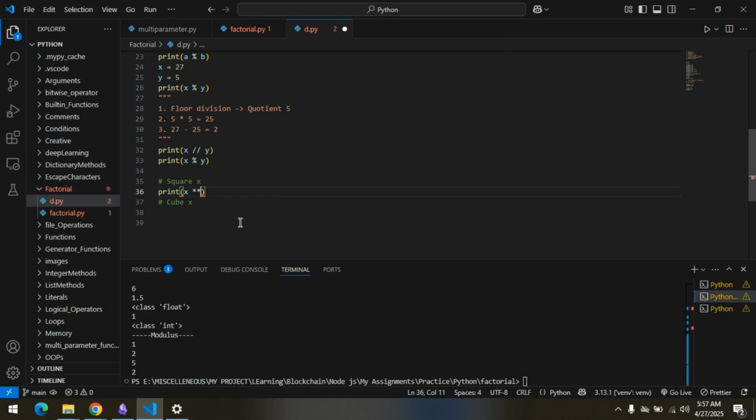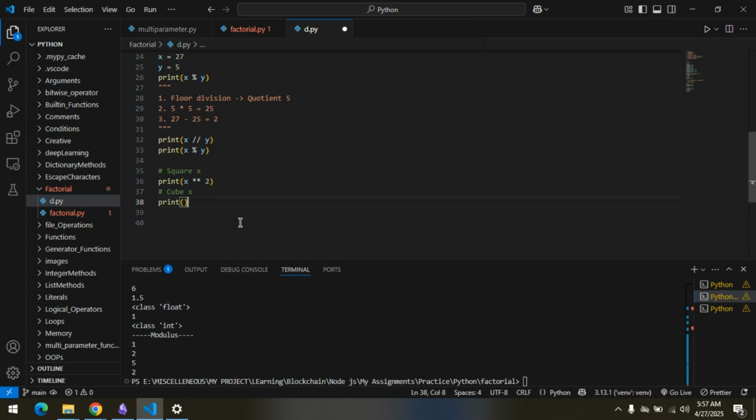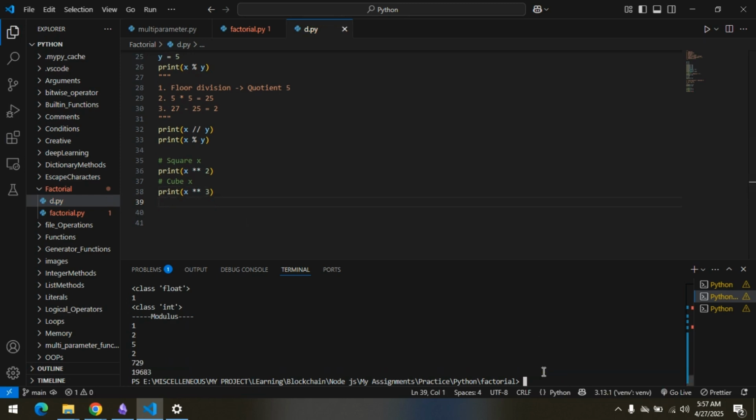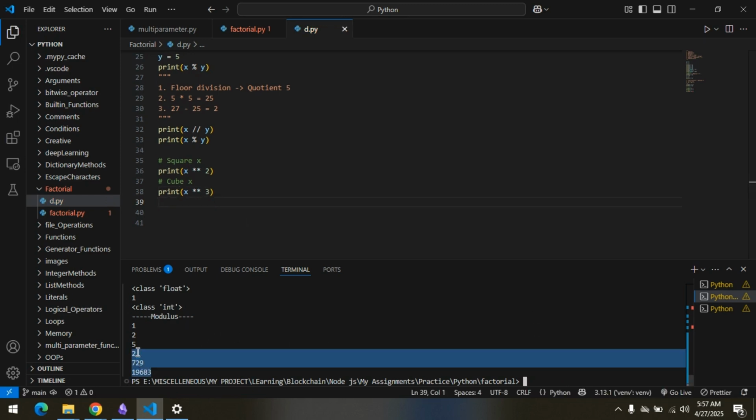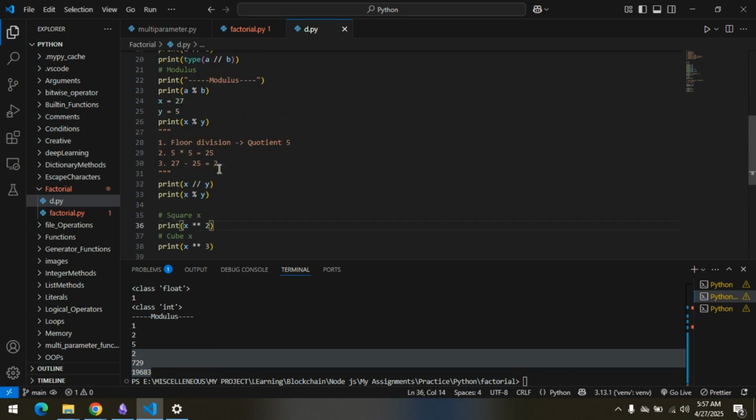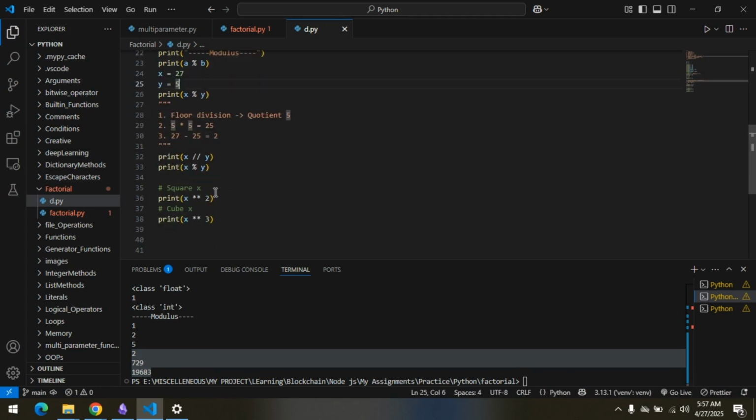To get a square, all you gotta do is use the asterisk sign twice with, let's say, 2, and print x asterisk twice, which is Shift and 8, 3. Let's check the answer. There you go.